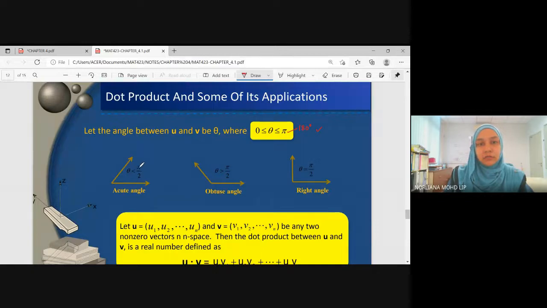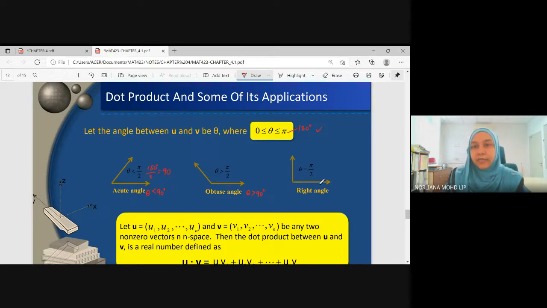We convert this: pi over 2 is 180 over 2, which is equal to 90 degrees. So for an acute angle, theta is less than 90 degrees. For an obtuse angle, theta is greater than 90 degrees.